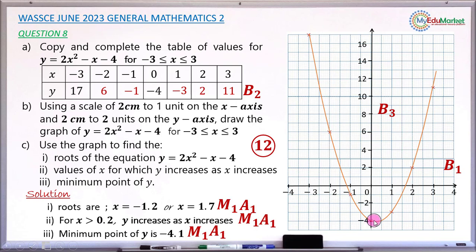So if you are reading from that graph where the curve turns, you have this method 1 mark. And for those that have exactly 0.2, you have this accuracy 1 mark. And the next method mark is for determining the minimum value of y where the curve turns. If you are reading from your graph, you have this method 1 mark. And when that value is -4.1, you have this accuracy 1 mark. So in total, this question has 12 good marks.